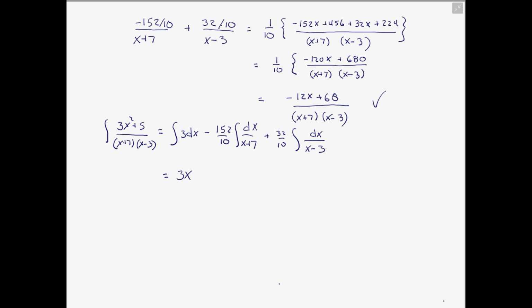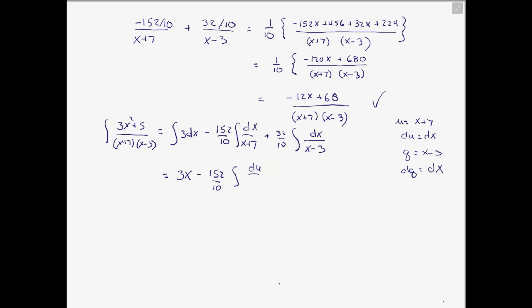So here we just carry out the substitution. u equals x plus 7, du equals dx, q equals x minus 3, dq equals dx.